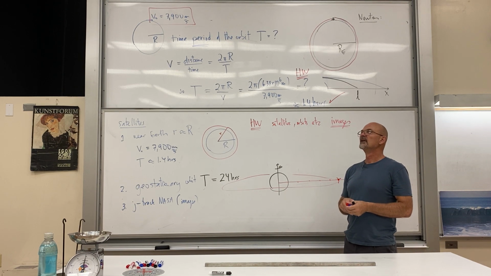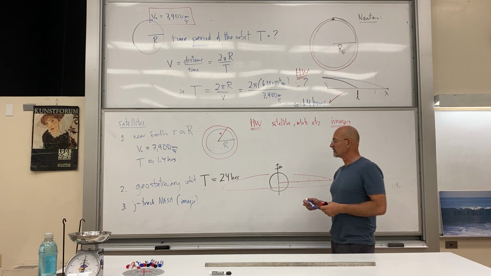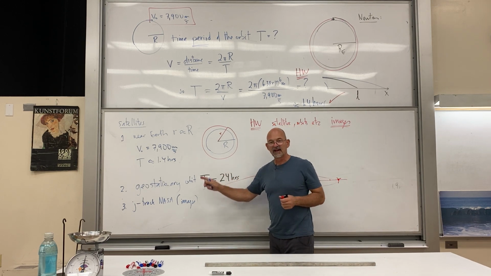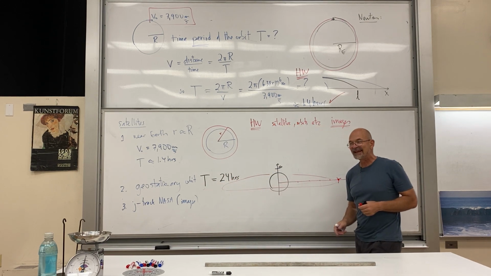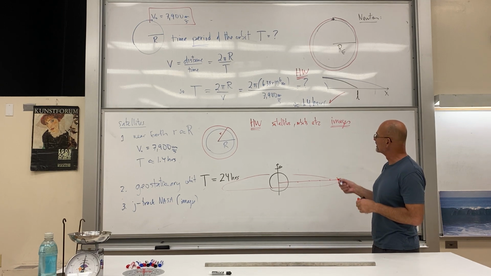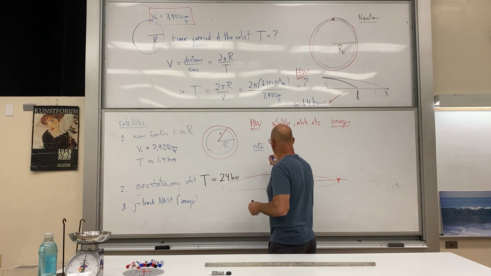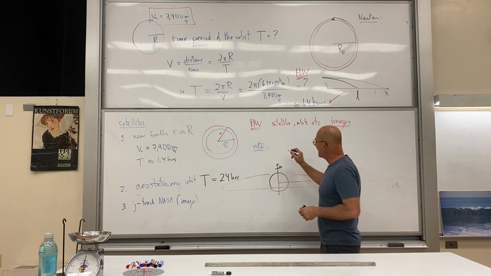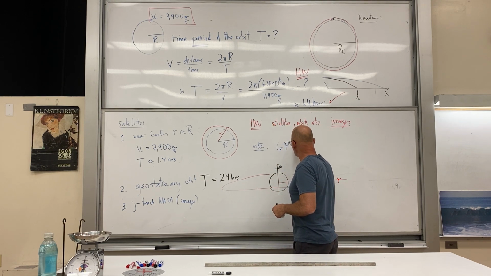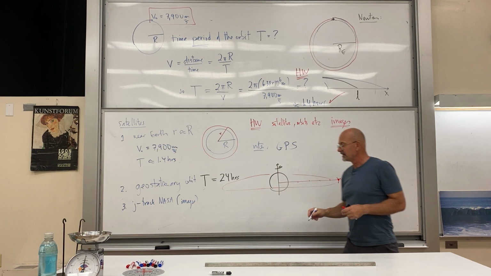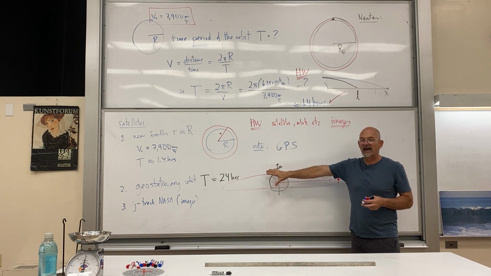What else would you guys know? Yeah, you could look up what weather satellites are doing. GPS. I should put a special note there. Everybody has knowledge of GPS. That stands for Global Positioning System, and it's actually a network of satellites.